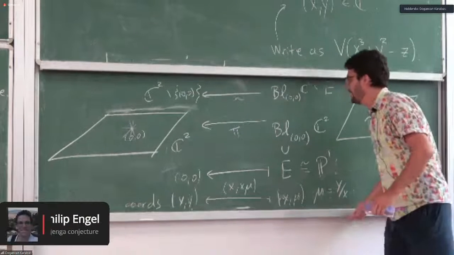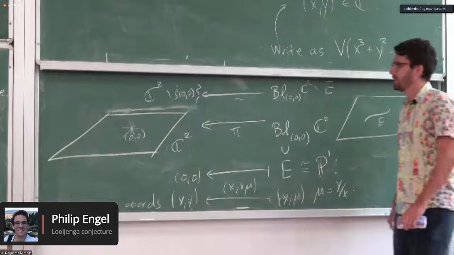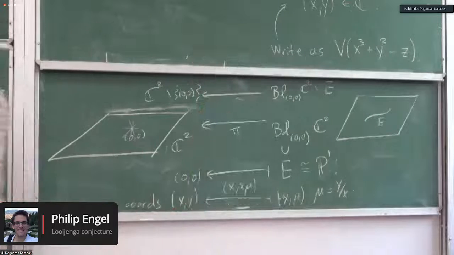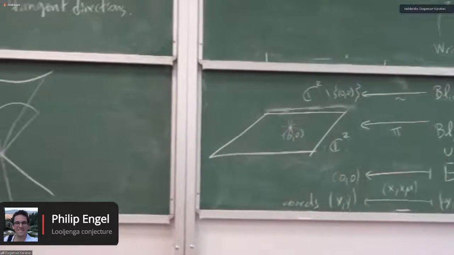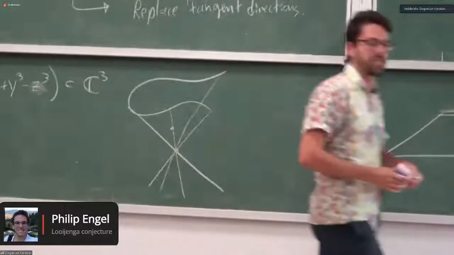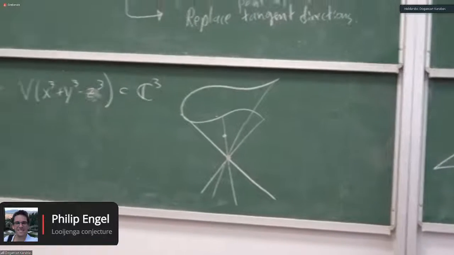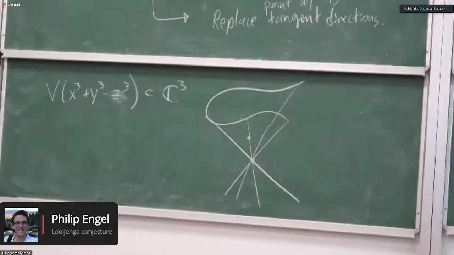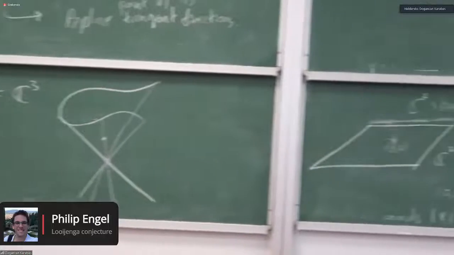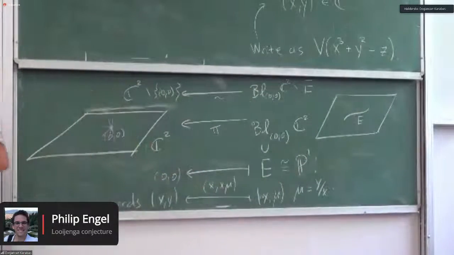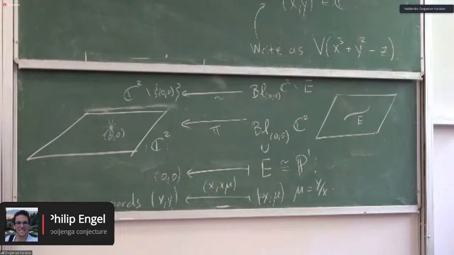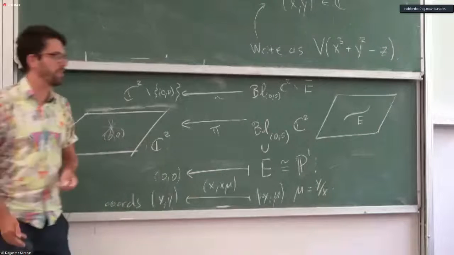That's sort of how you construct the blowup of C, but I can do this for a singular thing also, and it's kind of different, because the set of tangent directions to a singular thing will look different than the tangent directions to a smooth thing.